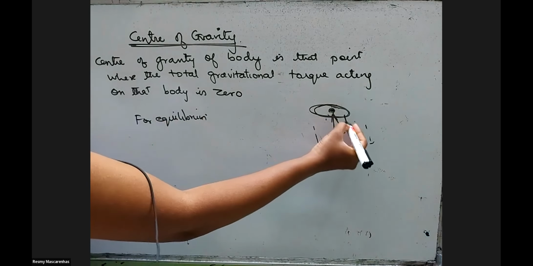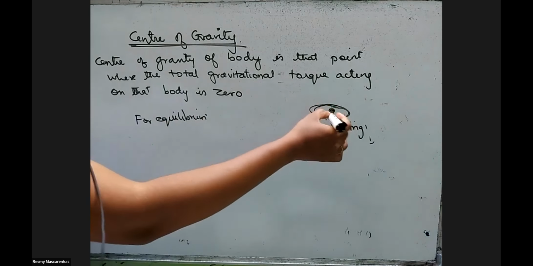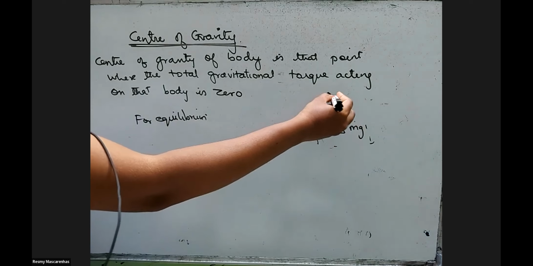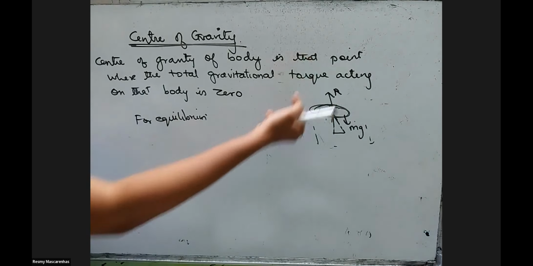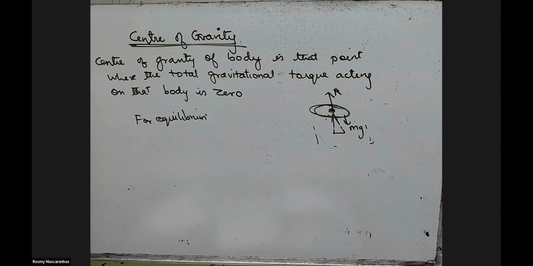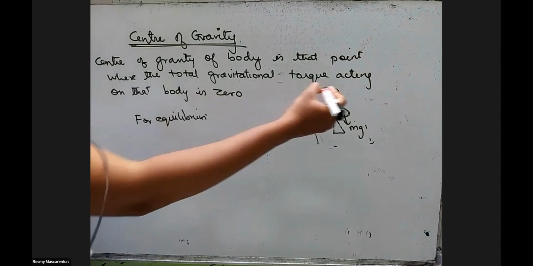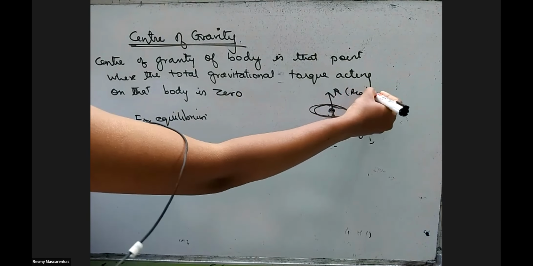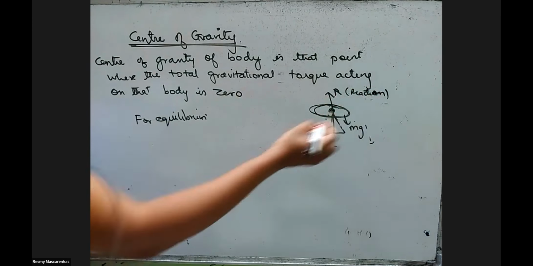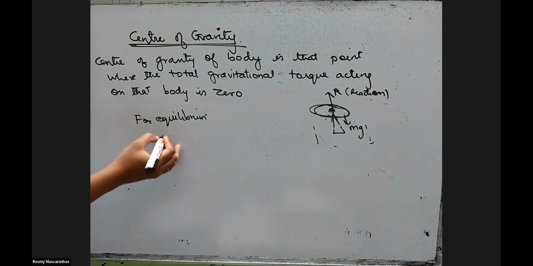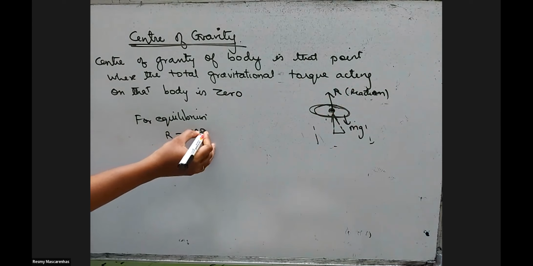There's a weight for the disk, mg, acting downwards. But why is it at equilibrium? Because there's an opposite force called the reaction. They are balancing each other. So for equilibrium, R should be equal to your weight.